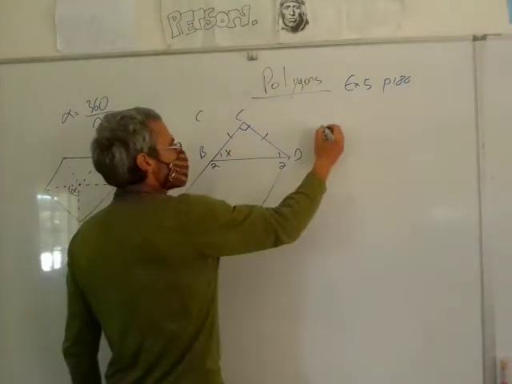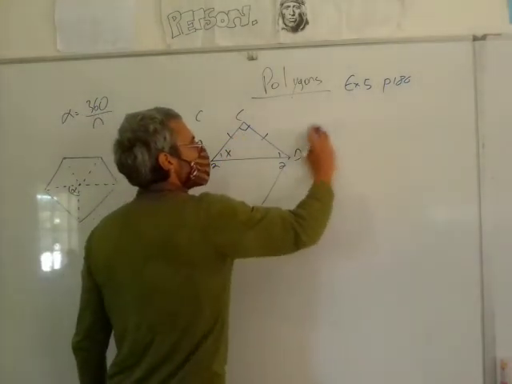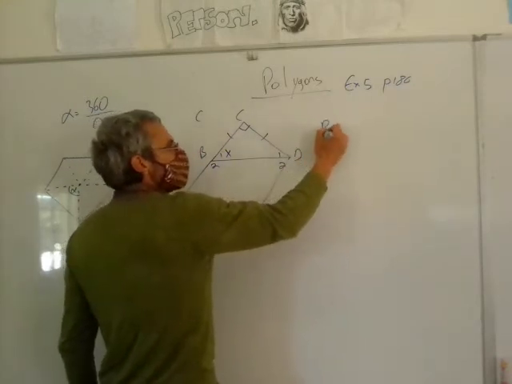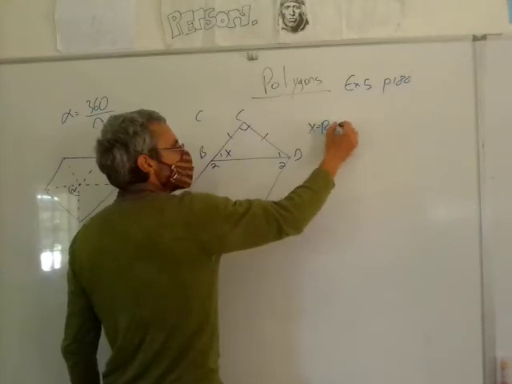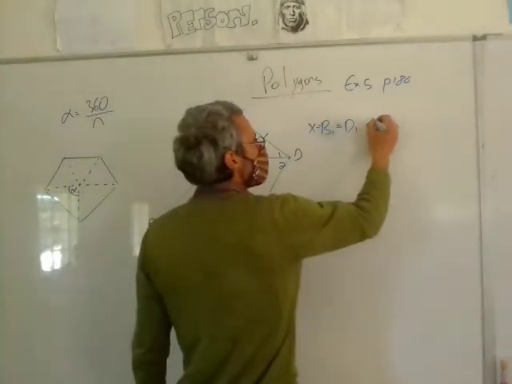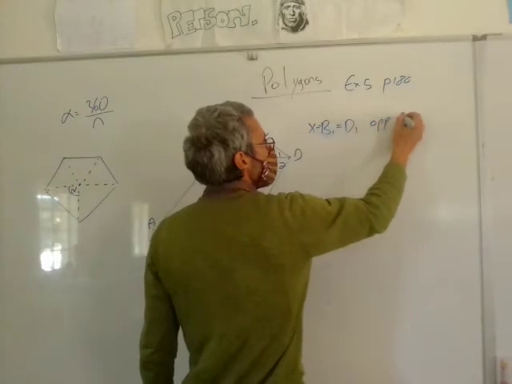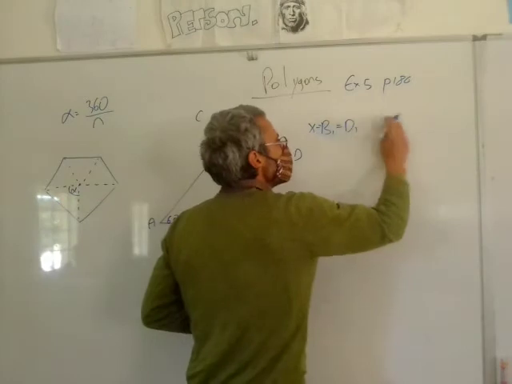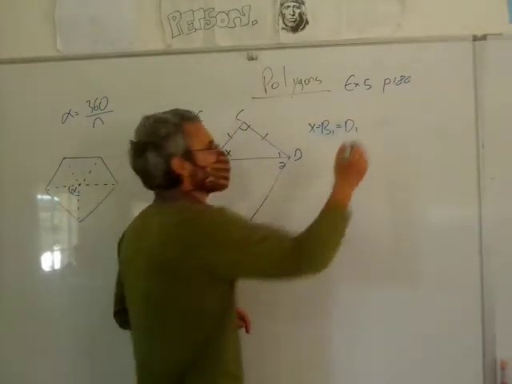First of all, I would say this: B1, which is really X, is equal to D1. How do I know that? Equal angles opposite equal sides. That's it.